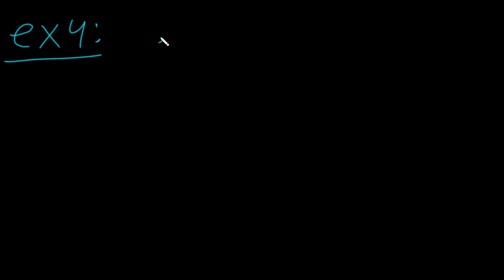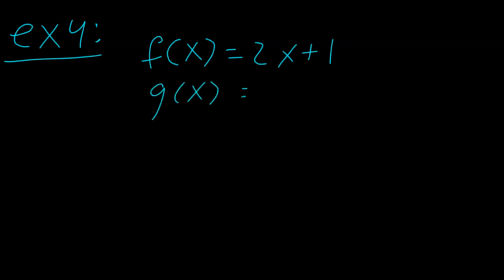What if I gave you two functions? What if I said, hey, here's f of x, and we'll say f of x equals 2x plus 1, and I said, hey, here's g of x, and g of x is equal to negative 4x minus 8. And what if I said this?